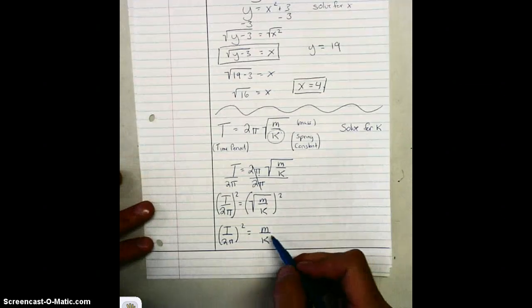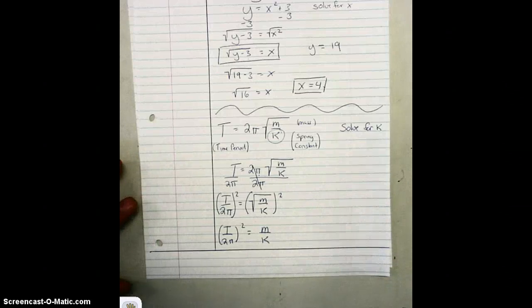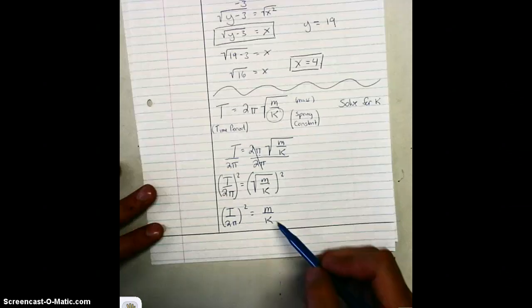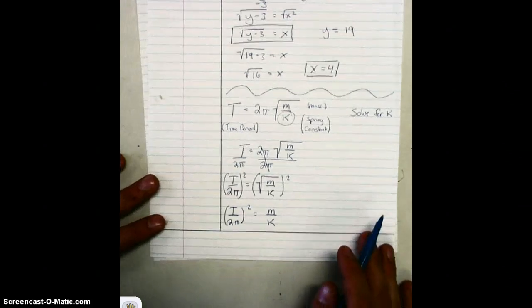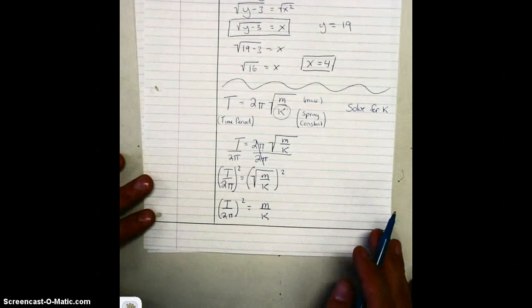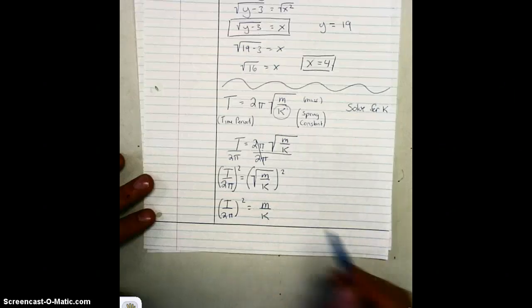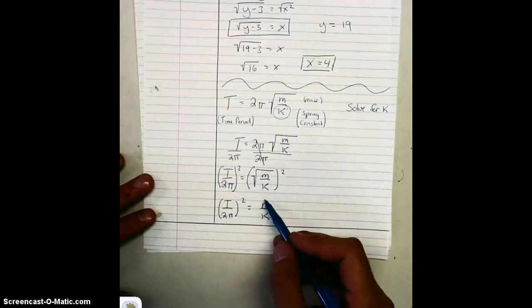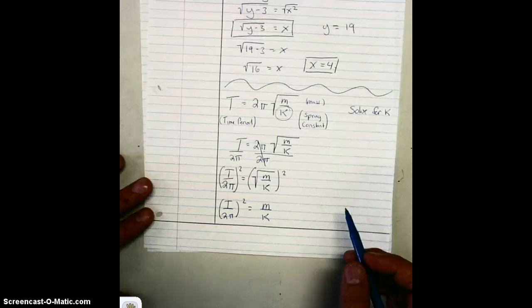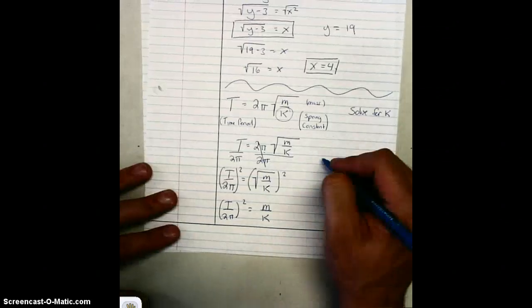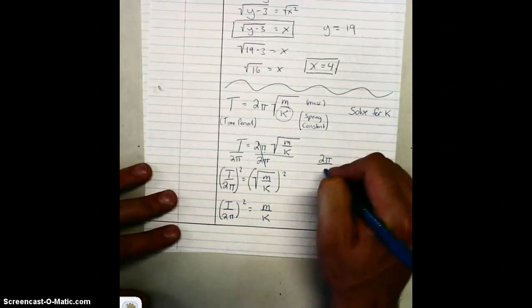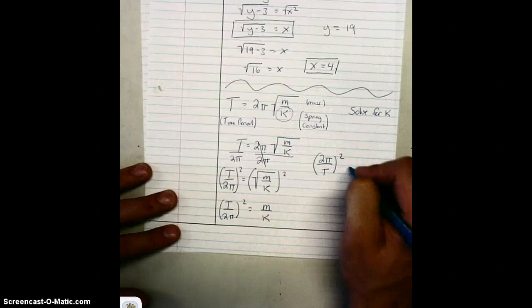Now, one thing we need to realize here is that k is in the denominator, and we do not want that. We want it in the numerator. Because we have two fractions set up right here, we can simply flip those. So 2 pi over T, squared, equals k over m.